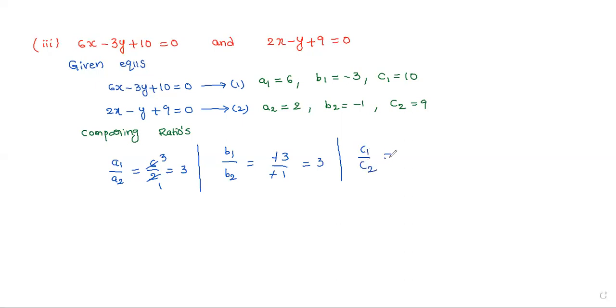C1 by C2, 10 by 9. So what is observed? Since A1 by A2 is equal to B1 by B2 is not equal to C1 by C2, therefore they are parallel lines.